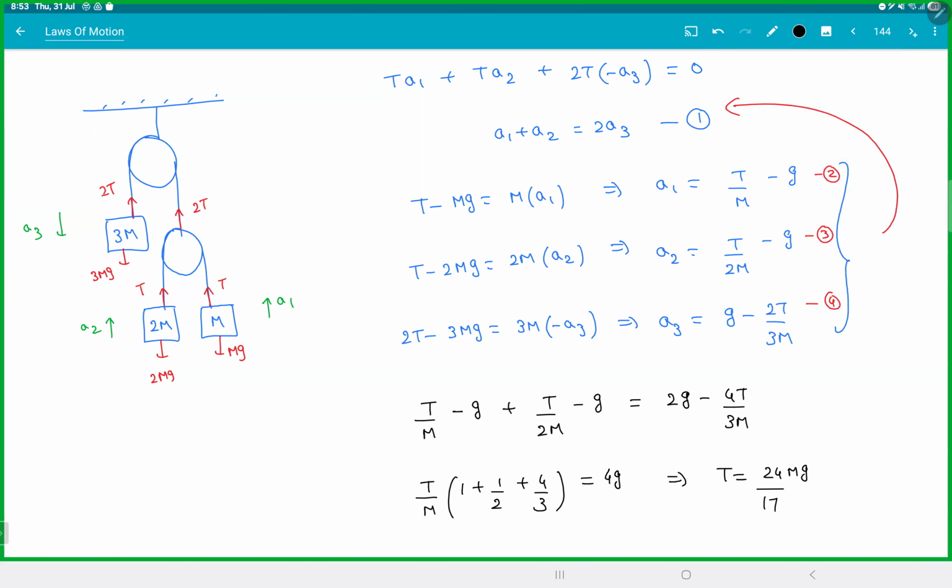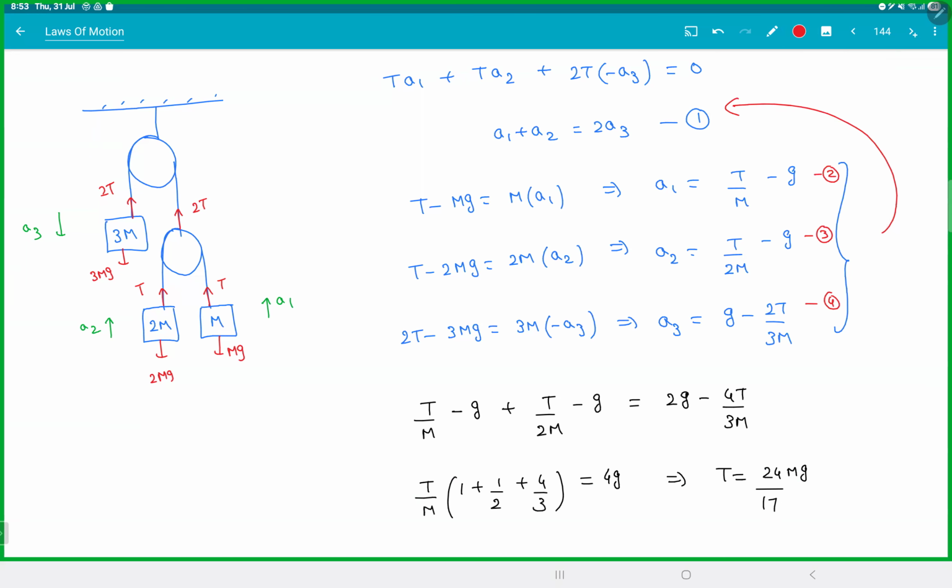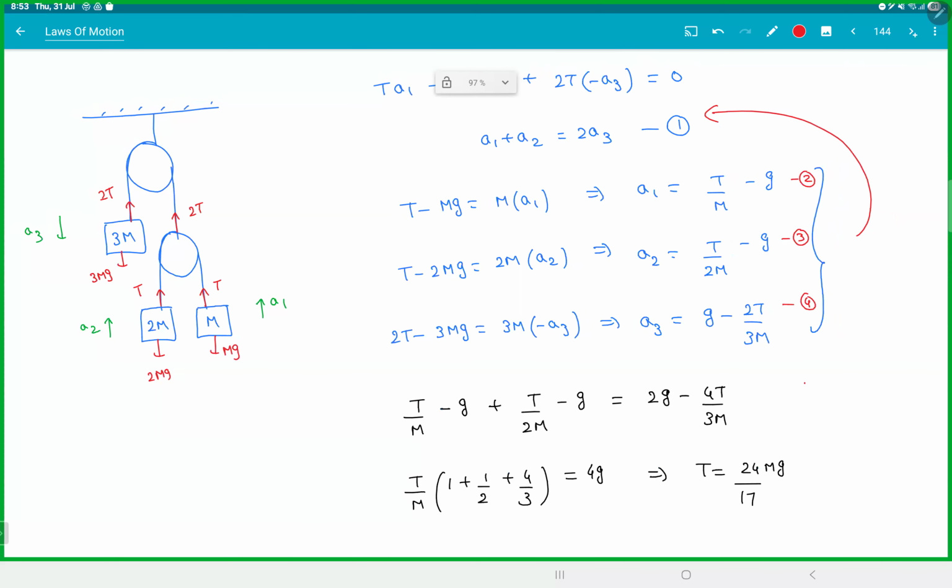Now, once you got the tension, put it in equations 2, 3, 4. So A1 will be how much? T by m minus g. So m goes off: 24g by 17 minus g. 24 minus 17 is 7g by 17.